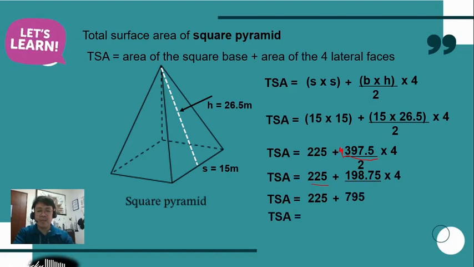Then TSA is equal to 225 plus 795. We got 1020 square meters. So we get the same total surface area using the formula.